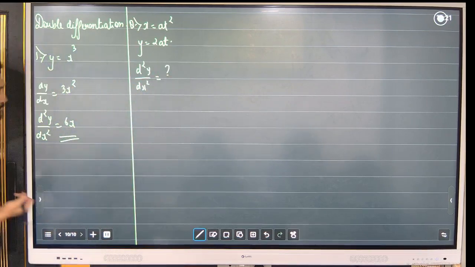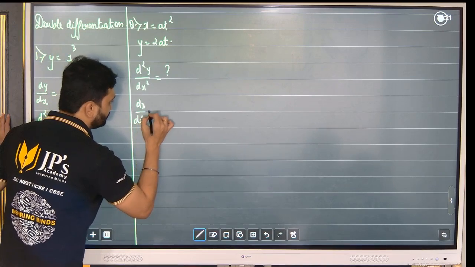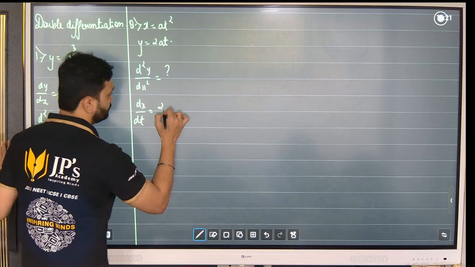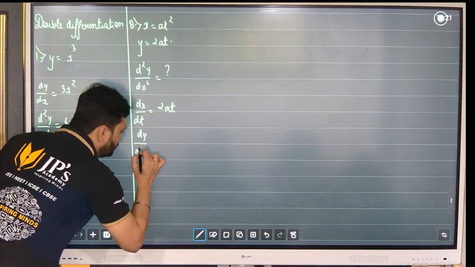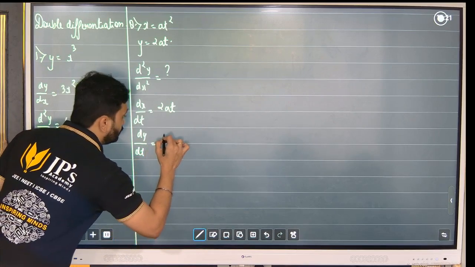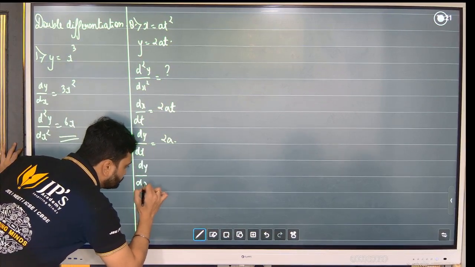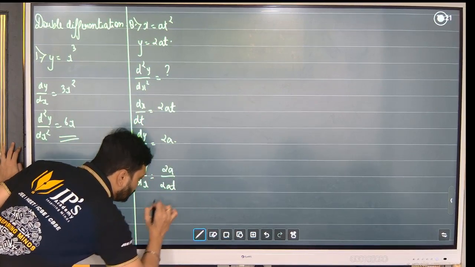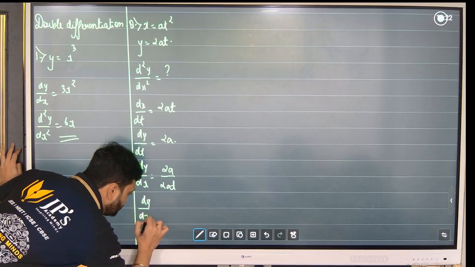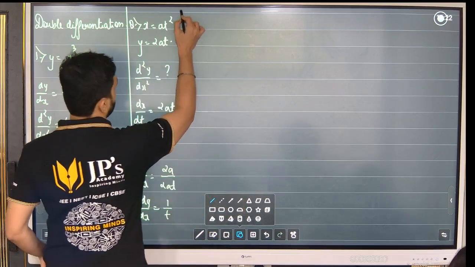So what I'll do is, I'll find dx by dt. Dx by dt will become 2at. Can you tell me what will be dy by dt? 2a. Now can you tell me what will be dy by dx? 2a upon 2at. So guys, what is dy by dx? 1 by t. Very good.